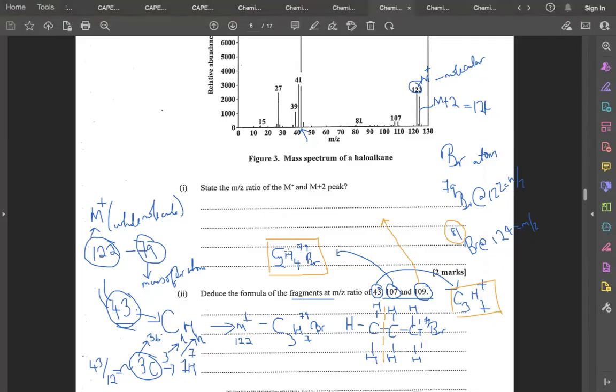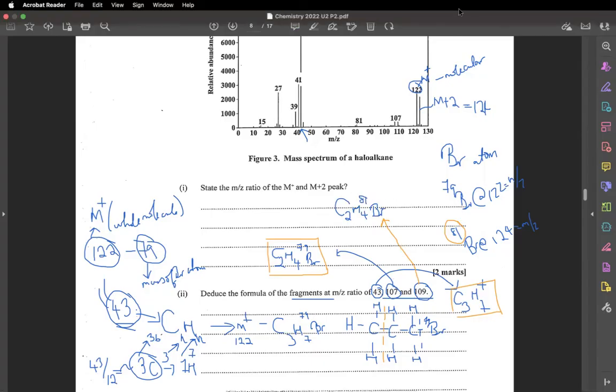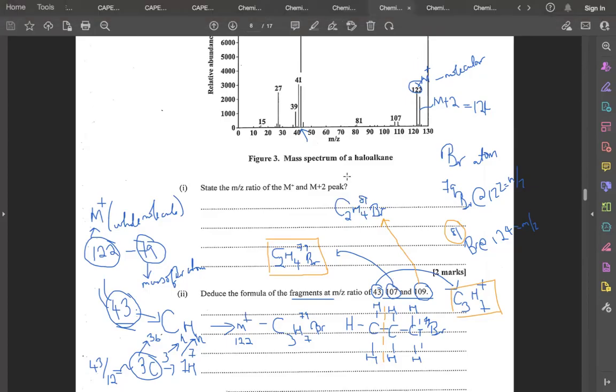It's the exact same as this one, but now we have an 81 instead of 79. So let me just draw that here and show you guys. So it would be C2H4Br81. So that's our fragment that represents what we see at 109, right?